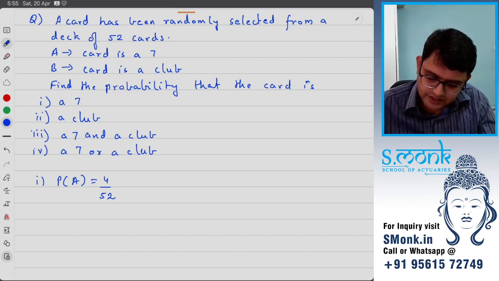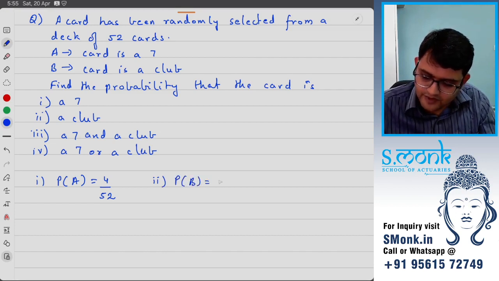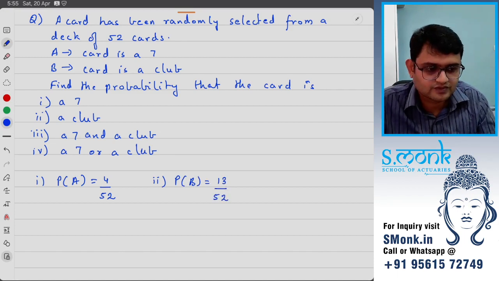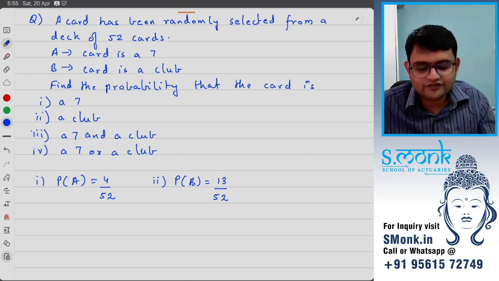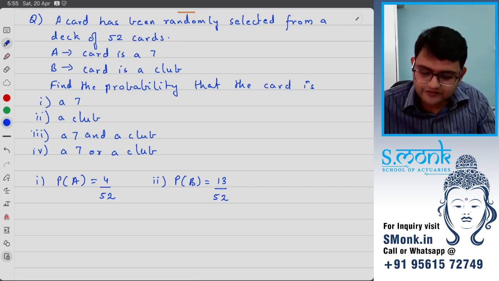For the second part, how many clubs? There will be 13 clubs out of 52. I will not simplify it, though you can simplify it to 1 by 13 and 1 by 4.